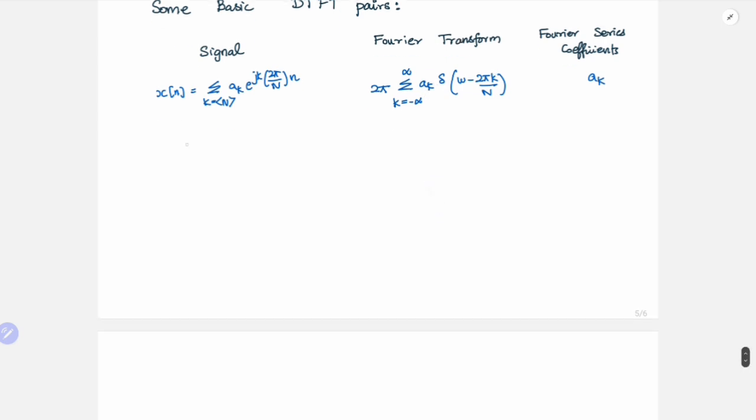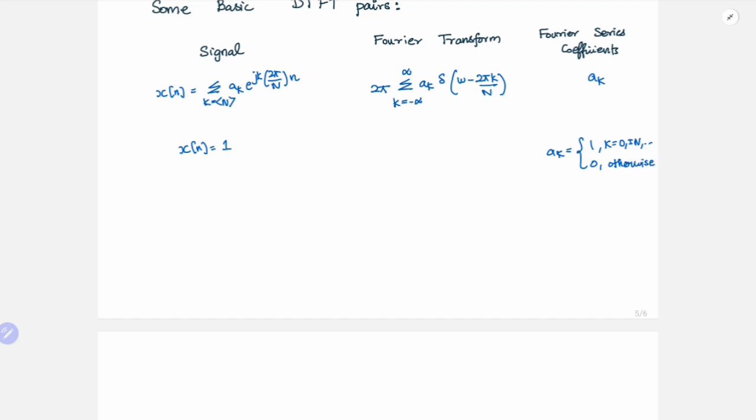Next let us see x of n equal to 1. This is again a periodic signal, just that your ak is going to be a delta of k kind of thing. So what is your ak? It is equal to 1 for k equal to 0, plus minus N and so on, and 0 otherwise.